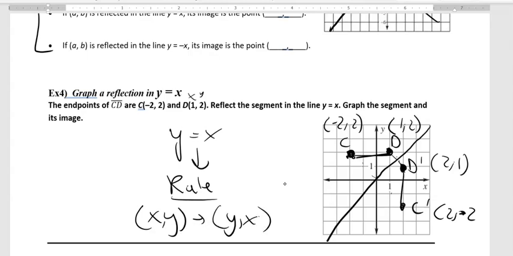So if you want to memorize that rule, good for you. If you just want to count diagonals, that works as well. The only time you wouldn't want to count diagonals is if it was like the point 132, 57 reflected over y equals x. That's a lot of diagonals to go over. It'd be much easier just to go, oh, just switch it, 57, 132. Does anybody have any questions on that?